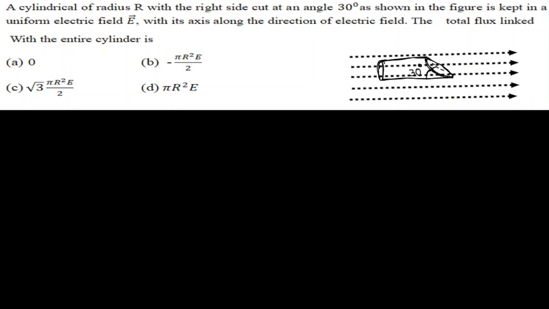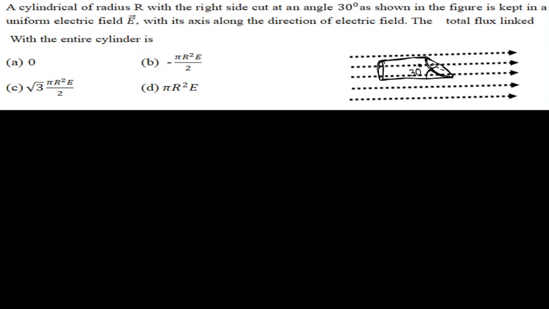This is the first question related to the second case, where it is written: a cylindrical surface of radius r with its right side cut at an angle of 30 degrees, as shown in the figure, is kept in a uniform electric field with its axis along the direction of the electric field.